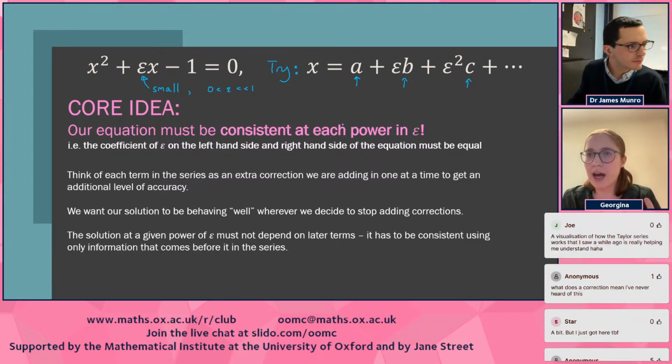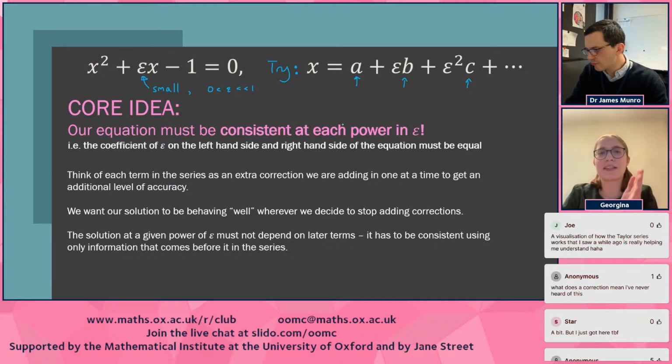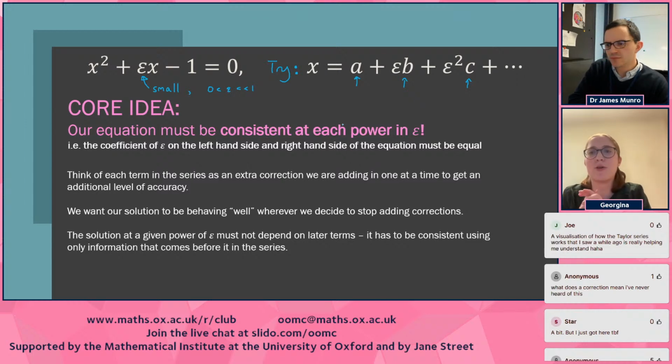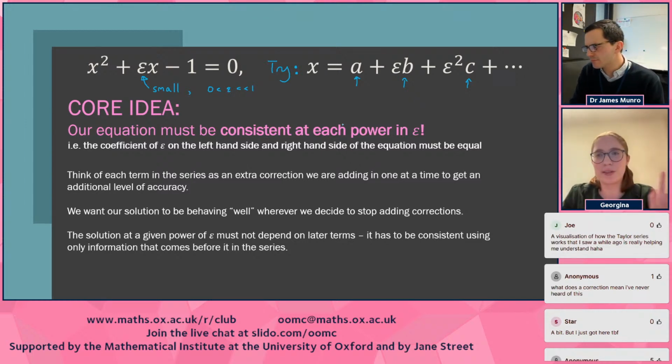Basically, you can think about it as equating coefficients on each side, and the fact that there's no epsilons on the right-hand side of this equation means that it's 0 plus epsilon times 0 plus epsilon squared times 0. And so then that will all be zeros. That will make more sense later.